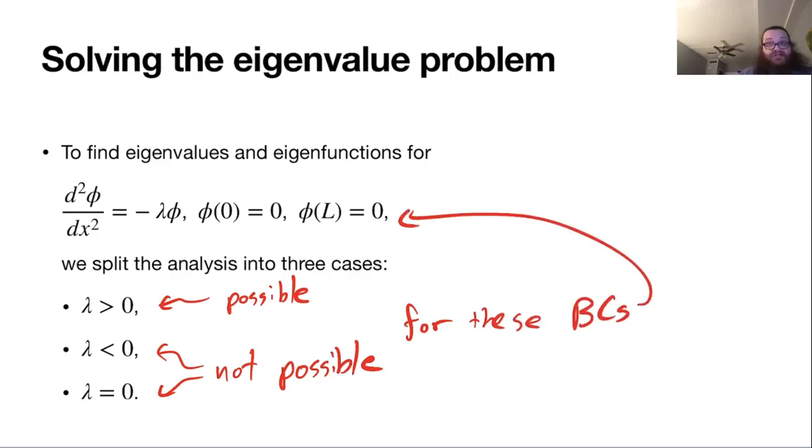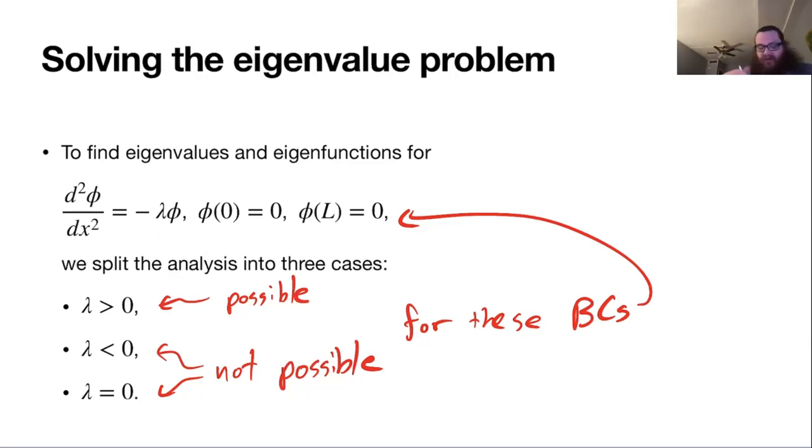If you change the boundary conditions, you might have different possibilities. Generally, if you change the boundary conditions, you might have lambda equals 0 be viable. But for this problem right now, we're going to look separately at lambda greater than 0, lambda less than 0, lambda equals 0. And in each case, we're going to show whether or not such functions phi actually exist.